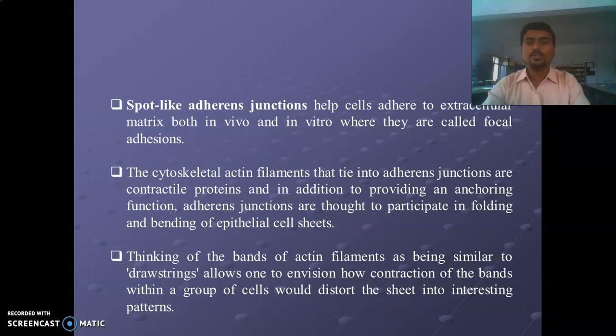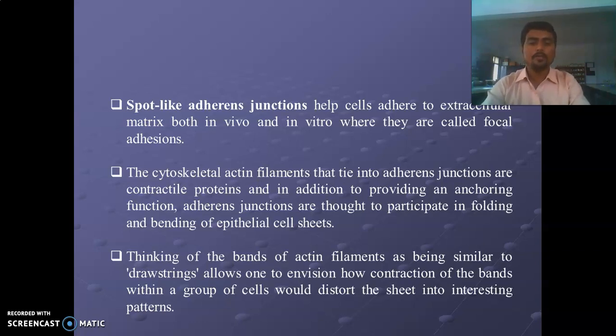Now, spot-like adherent junctions help cells adhere to the extracellular matrix, both in vivo and in vitro. That is called focal adhesion. The cytoskeletal actin filaments that tie into the adherent junction are contractile proteins, and in addition to providing anchoring functions, adherent junctions are thought to participate in folding and bending of the epithelial cell sheet.